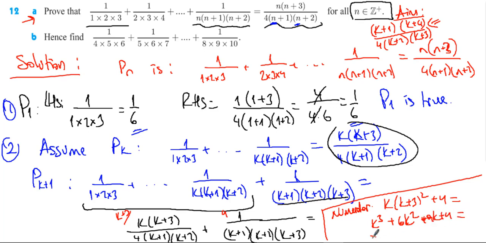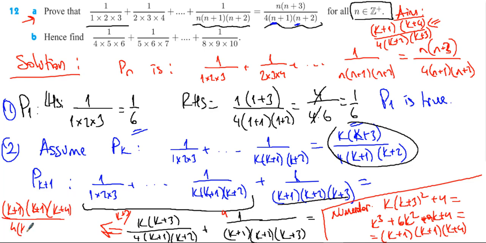If you factorize it from the polynomials, if you remember, it will be k plus 1, k plus 1, and k plus 4. If you do not believe, you can open it, so it will be the same expression. So from here, as you can see, the numerator in simplified form is k plus 1 squared, k plus 4, divided by 4 times k plus 1, k plus 2, and k plus 3.